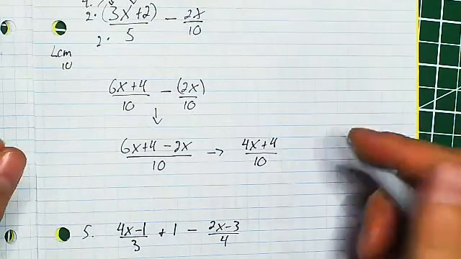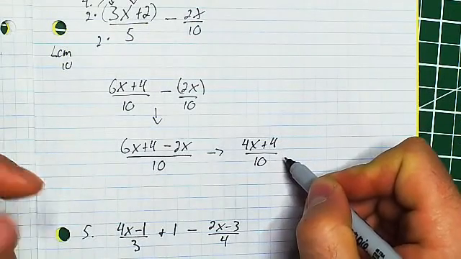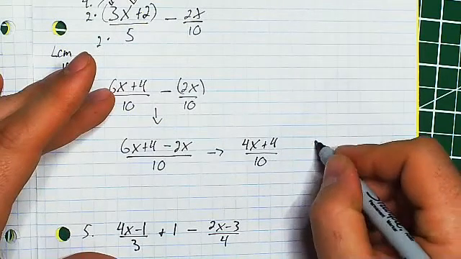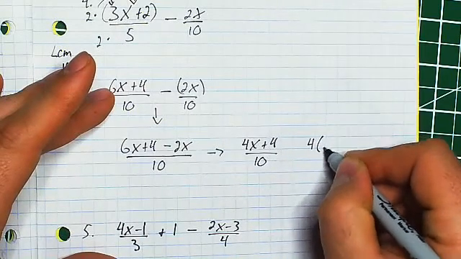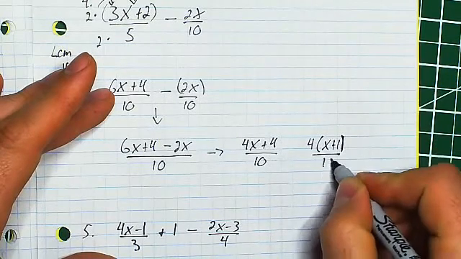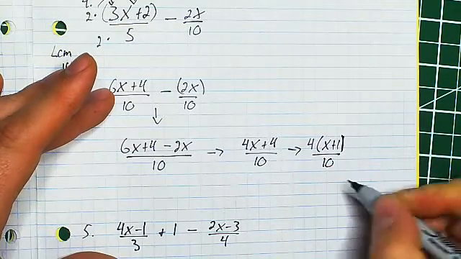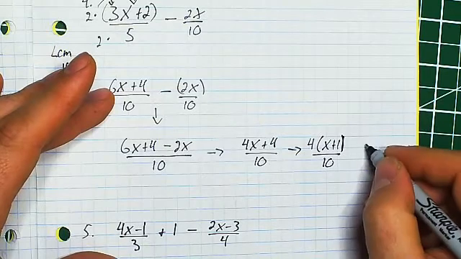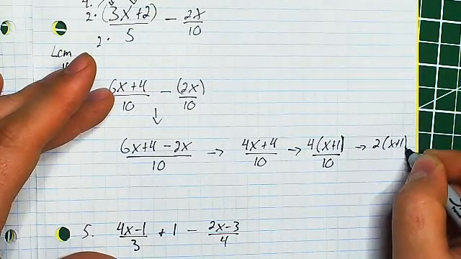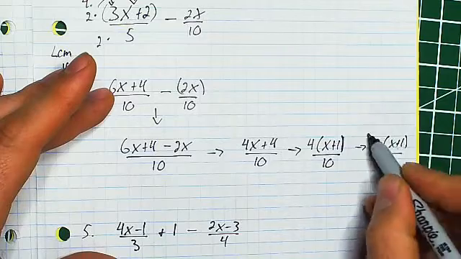I want to simplify this as much as I can. Technically this is a correct answer, but a more correct answer would be to factor the top to give a 4 and an x plus 1, again divided by 10. Then 4 over 10 we can reduce, giving 2 times x plus 1, divided by 5.